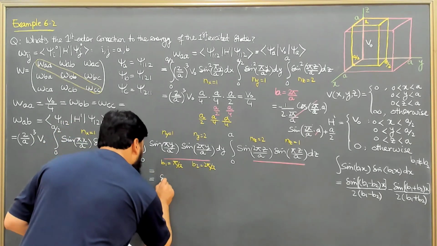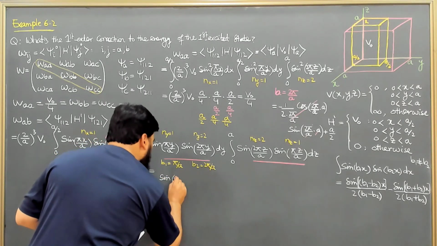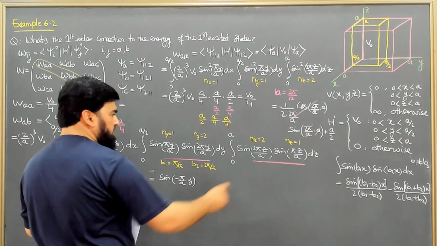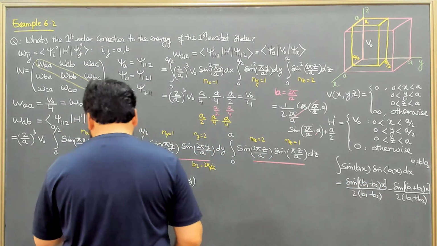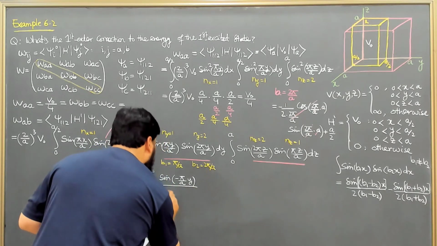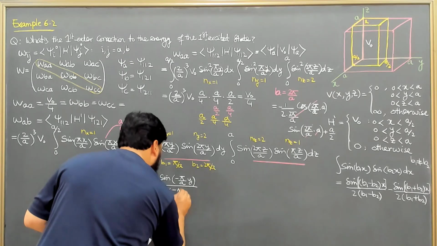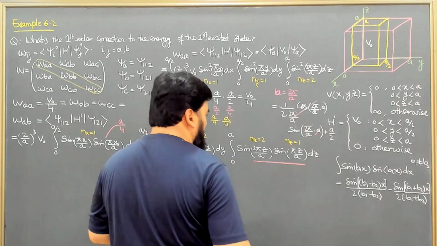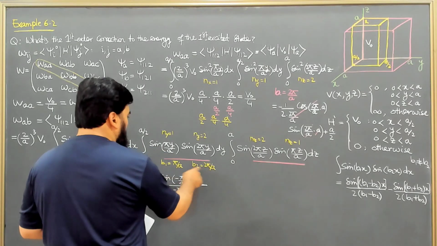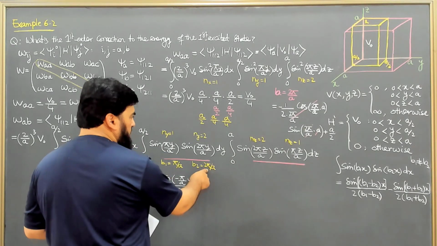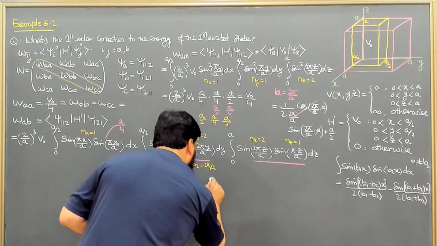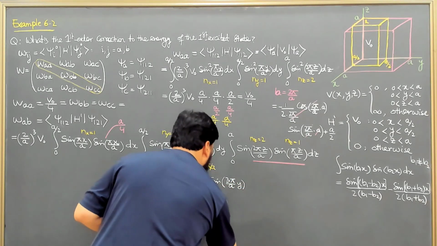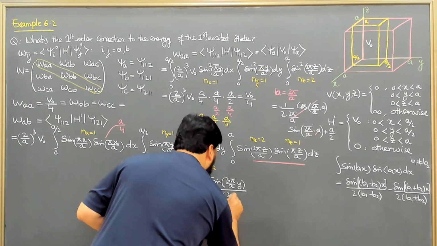So this is sin(minus pi over a times y), with y coming in because x is coming with this, divided by 2 times minus pi over a, and then minus again, when this is B1 plus B2, so pi over a plus 2 pi over a, 1 plus 2 is 3, so 3 pi over a will come in here: sin(3 pi over a times y), divided by 2 times 3 pi over a.